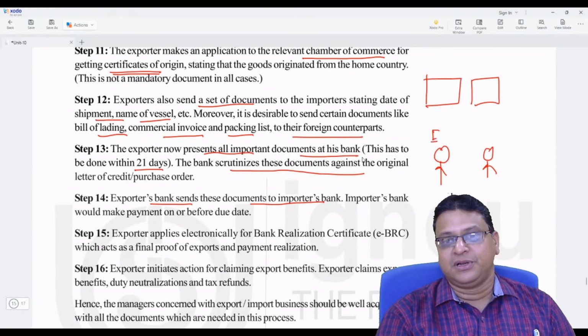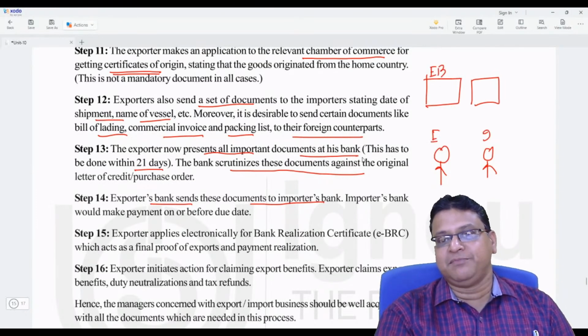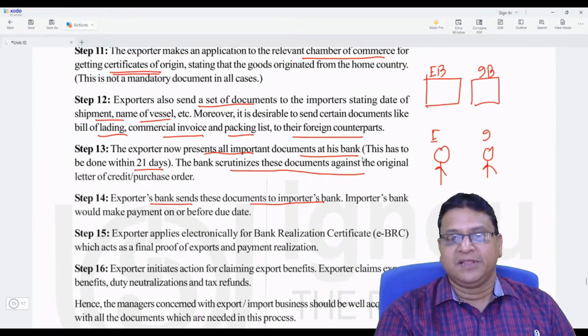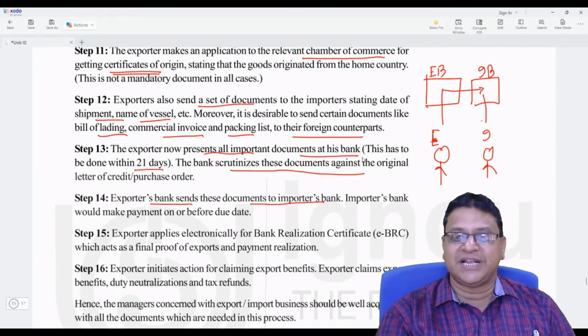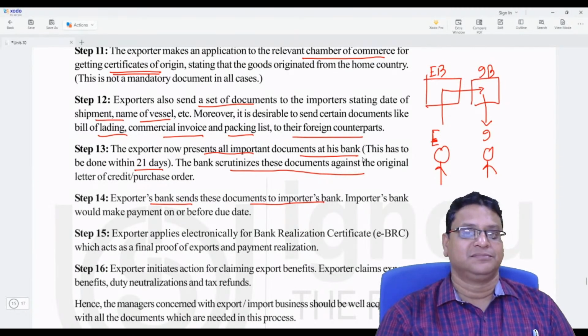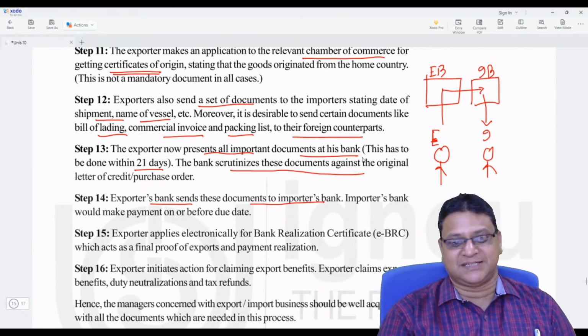This is the exporter, this is the exporter's bank, this is the importer and this is the importer's bank. You will do the transaction with the help of banks. Exporter will send all these documents to the export bank. Export bank will send these documents to the import bank. Import bank will send the documents to the importer. You take the help of banks.